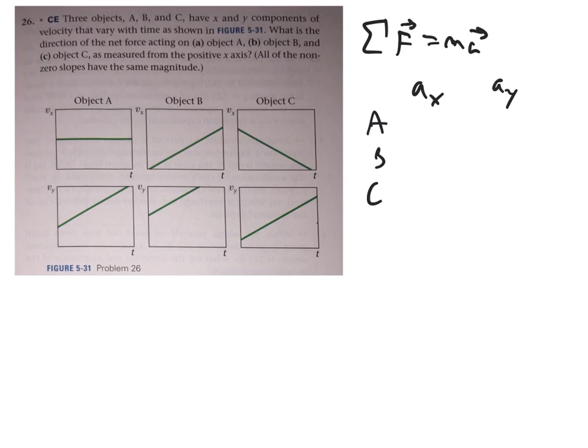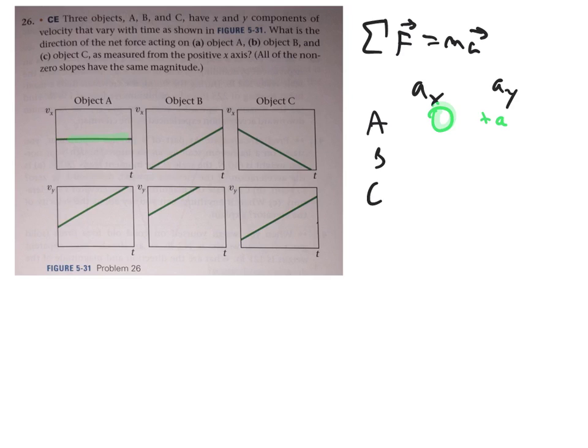Alright, well, for object A, the x velocity is constant, so a_x is 0. Whereas the y velocity is positive, and although I don't really know the value, I'm just going to call it plus A, plus some number.